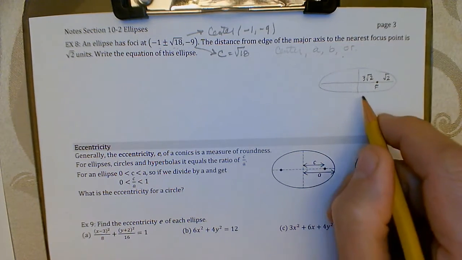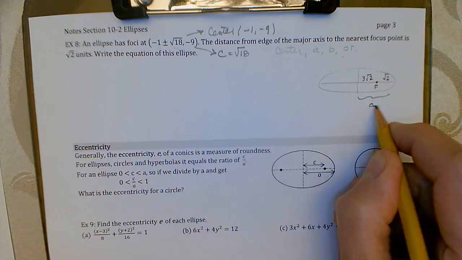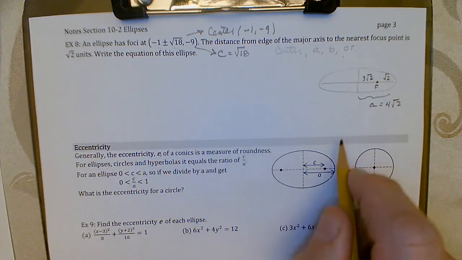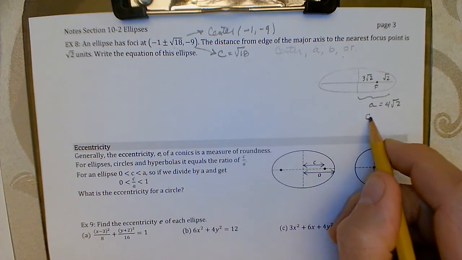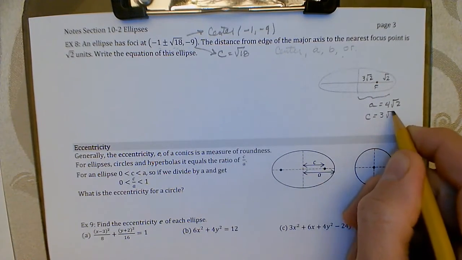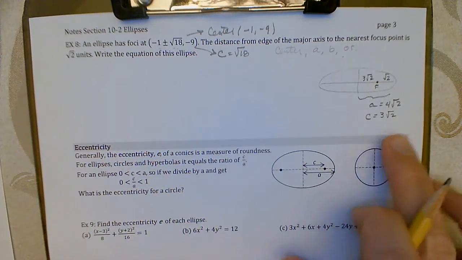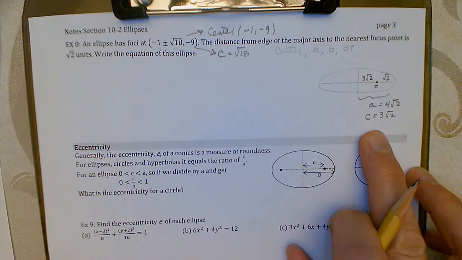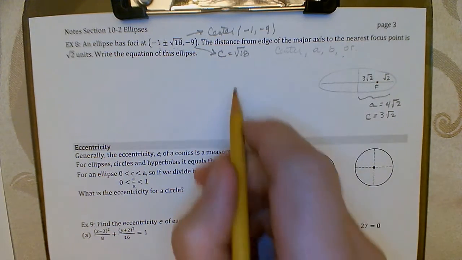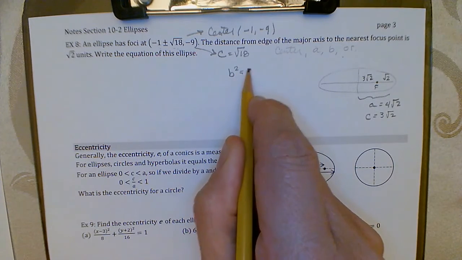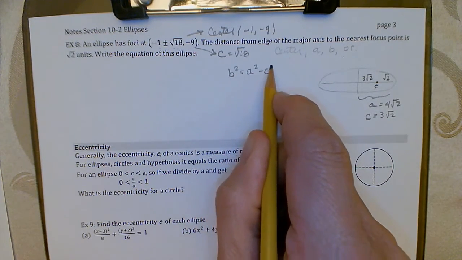So this is a way of telling us that we know what A is. A is 4 square roots of 2. And we know that C, simplified, is 3 square roots of 2. So we know A and we know C. We can certainly use those to find B. We know that B squared will be equal to A squared minus C squared.